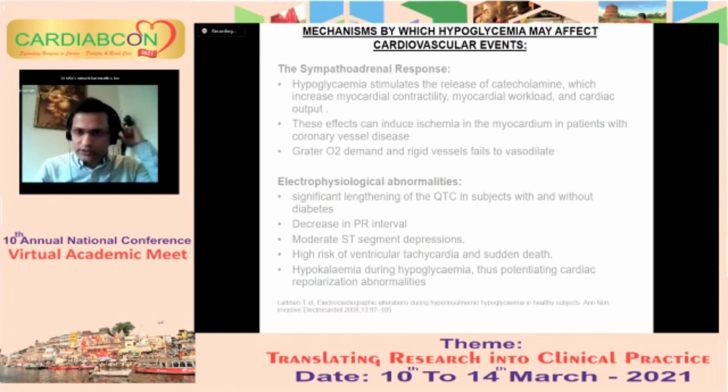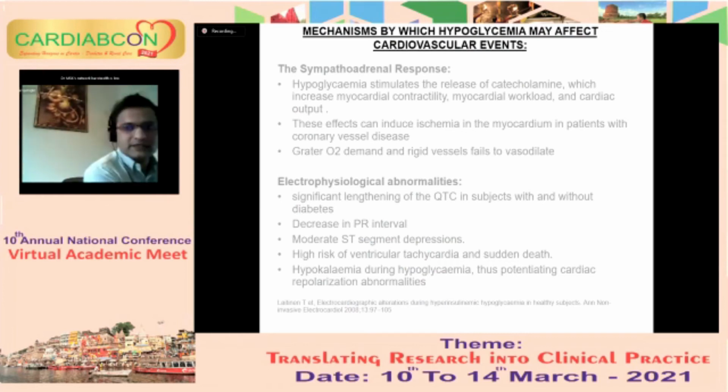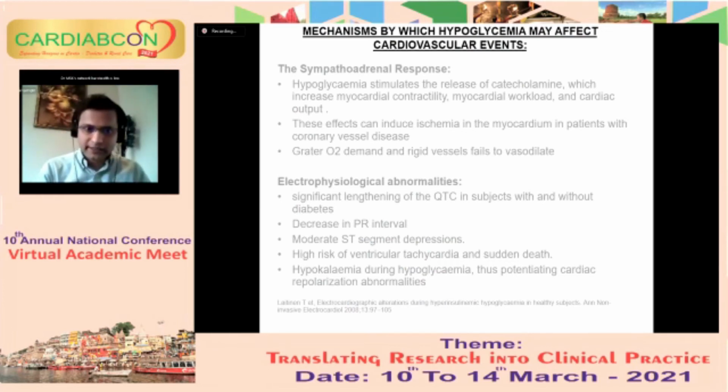So, sympathoadrenal response, as we all are aware: whenever there is hypoglycemia, as the blood sugar drops, there is a release of catecholamine from the adrenal gland, and this increases the myocardial contractility, increases the workload, and increases the oxygen demand from the myocardium. Now, if you look at the blood supply to the heart, most of it occurs in the diastole.